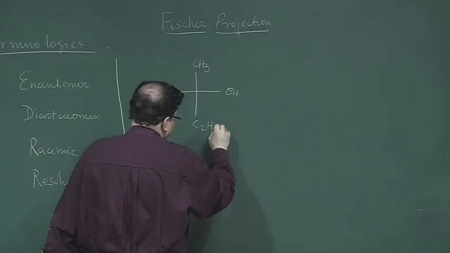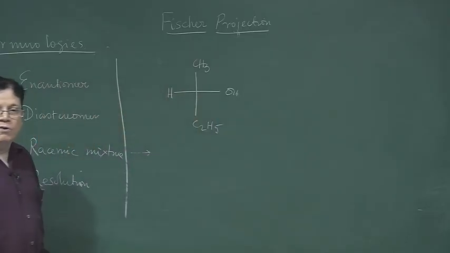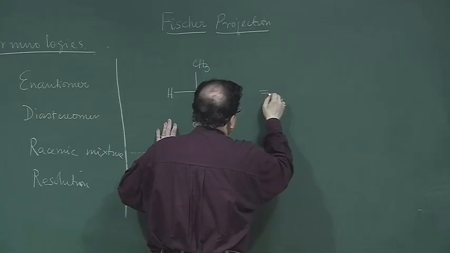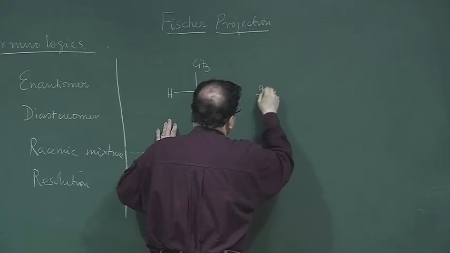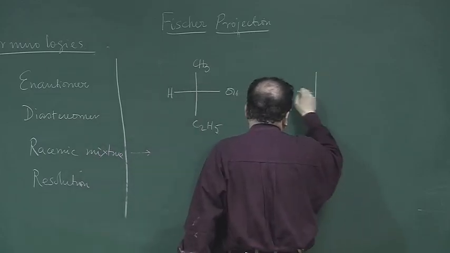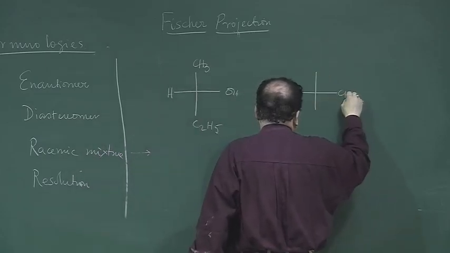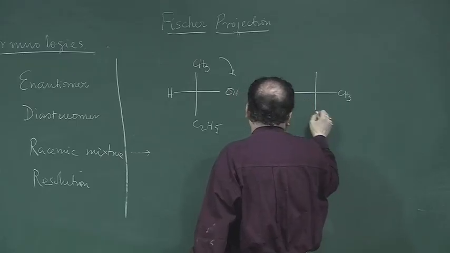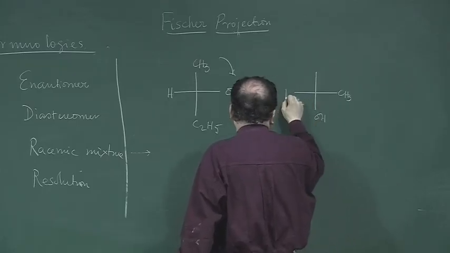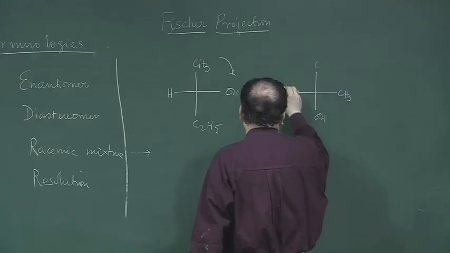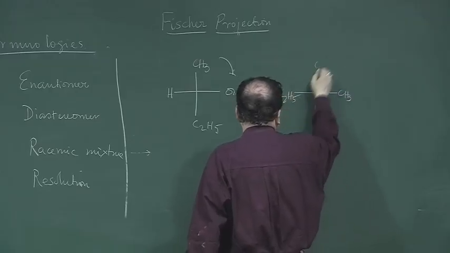Now, if you say that I will rotate this whole thing by 90, what will happen? Methyl will come here, this Wedge will be here, H will be there, C2H5 will be there, and this will be your H.